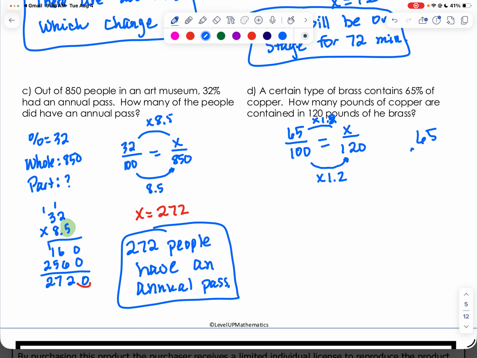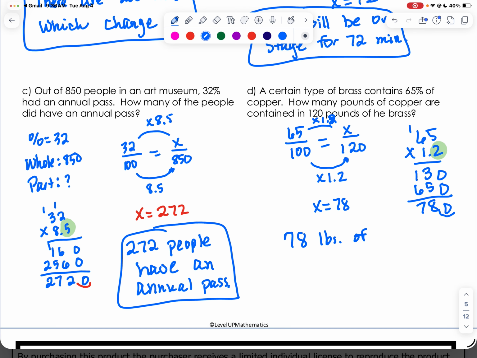When I did that, and this is where most people make their mistakes, 5 times 2 is 10, carry the 1, that would be 13, drop the 0, 5, 6, 0, 8, 7. I have one number after my decimal, so I need to bring my decimal in one place. So X equals 78. So there are 78 pounds of copper.